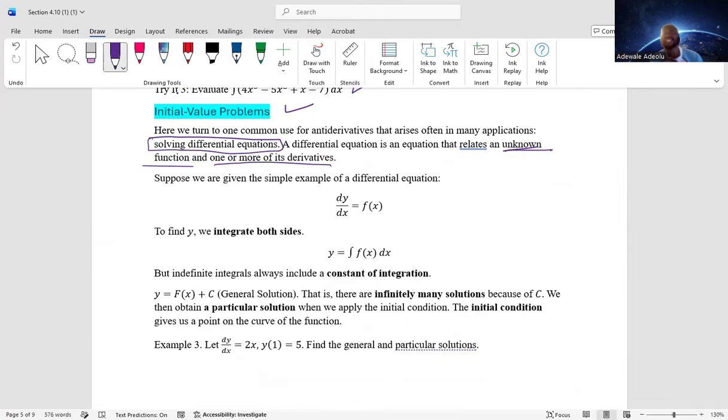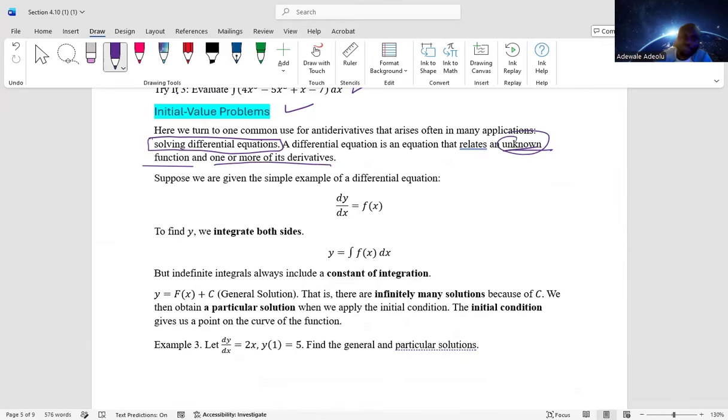It is simple. It's saying, suppose we don't know some function, let's say f of x. But now you combine it with its derivative, maybe one or two of its derivatives, and you use it to form an equation, then we say it has become a differential equation. So it's an equation that relates an unknown function and one or more of its derivatives.